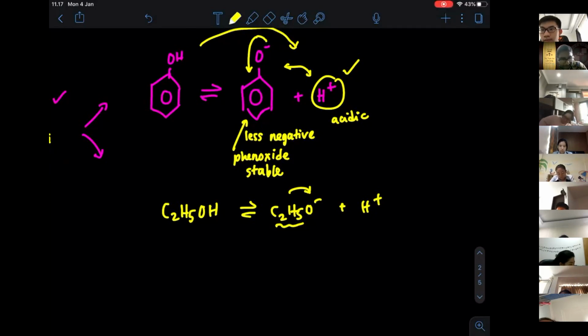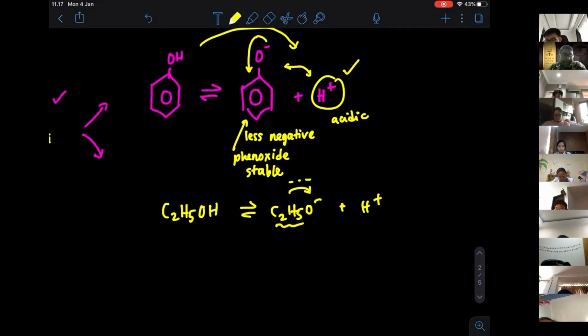No, it will not become less negative, Jason, because C2H5 is donating the electron. Electrons are negative charge, and this O has negative charge. So if you are donating electrons, you are giving all the negative charge over there to the right. So generally, it is going to become more negative.